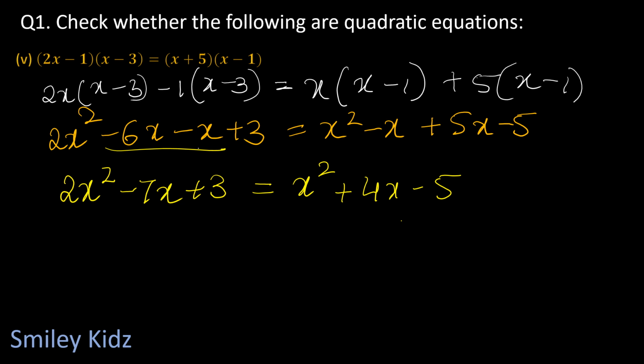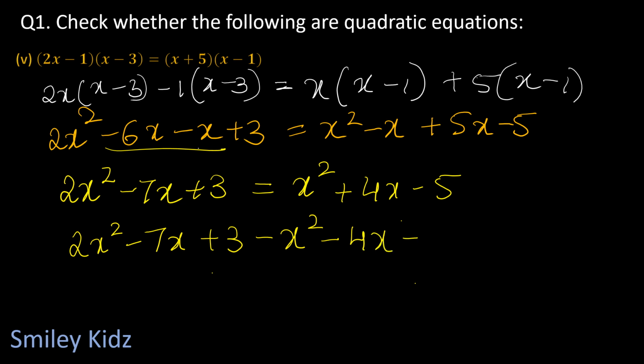Now transpose this entire RHS to LHS. You'll get 2x square minus 7x plus 3 minus x square minus 4x plus 5 equals 0. Now simplify this. You'll get 2x square minus x square is x square, isn't it?